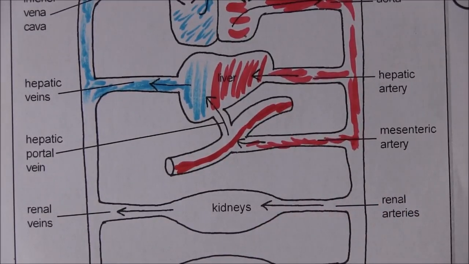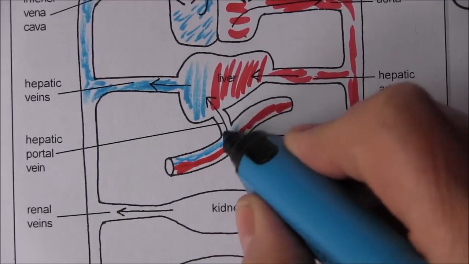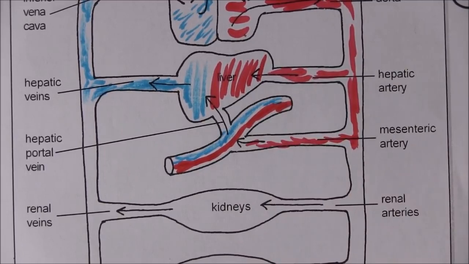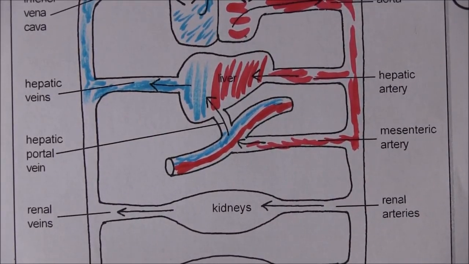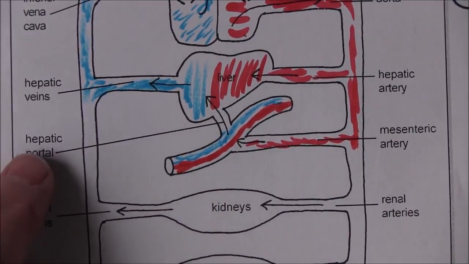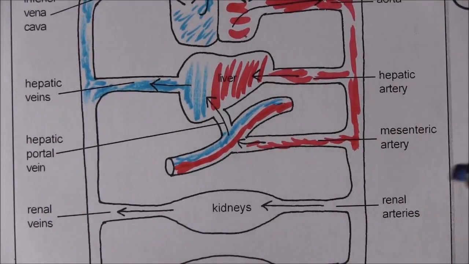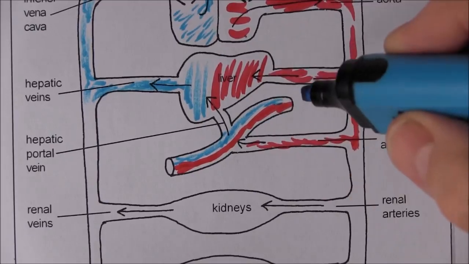And of course, as the blood goes through, it's going to give up the oxygen, pick up the carbon dioxide. So it's going to change to what we draw as blue blood, which of course is partly deoxygenated blood. Now, it's a bit of a complication here because can you see there's something called the hepatic portal vein? Now, a portal vein is a vein which connects two things without going back via the main veins.